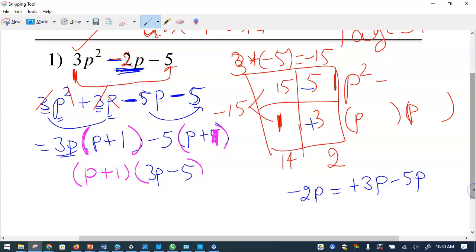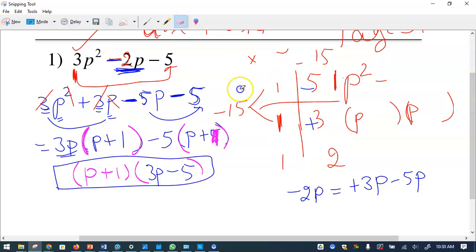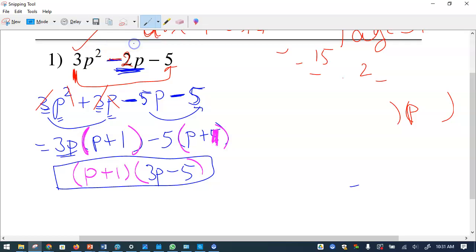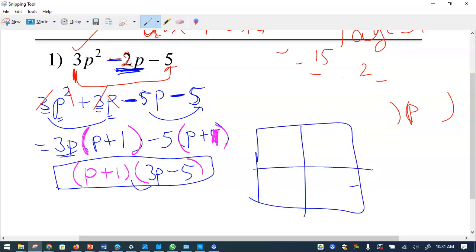So you're done. So the question is, is this really true? Some of you may say, hey, is this really true? And we can always check with the box method that that's really true. I'll check it out very fast. If you want to really know, make a box and use the FOIL method also, and put, okay, this is p plus 1, and this becomes 3 minus 5, and you multiply these two, you get 3p square.